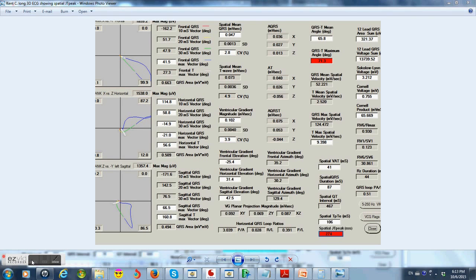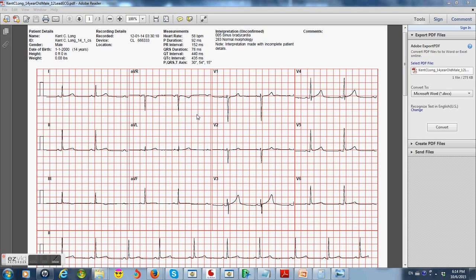And in a male in his second decade of life, should be less than 265. So that 274 value is much greater than 2 standard deviations above the mean for healthy people, and also abnormal in terms of medians. So we do have an abnormal spatial JT peak interval. We have a borderline spatial QRST angle, peaks angle, and we also have some minor abnormalities in T wave complexity.